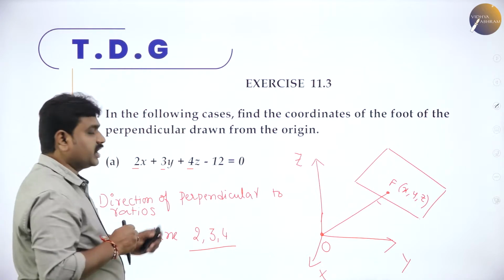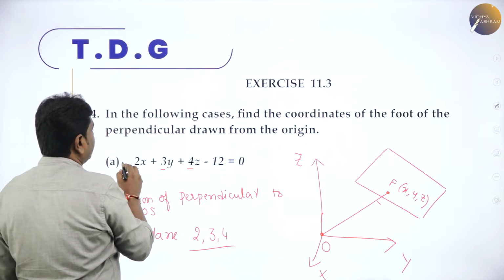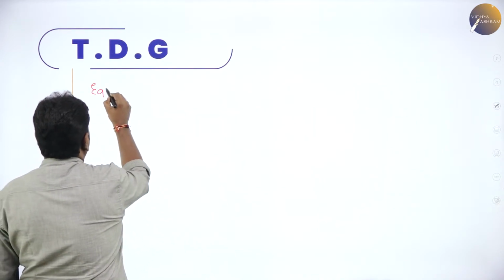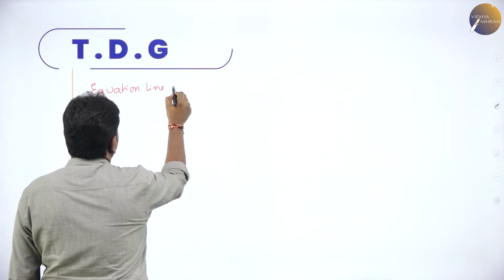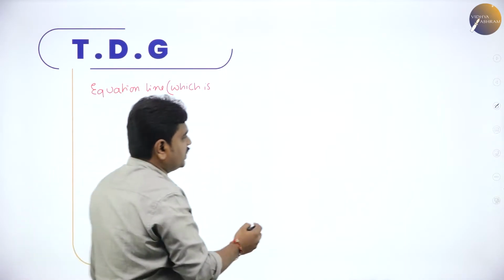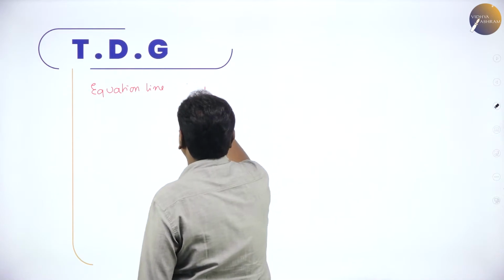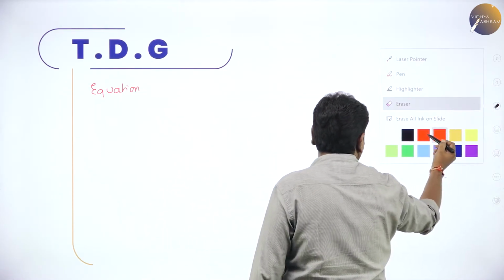So now we need to write the equation of the perpendicular from the origin. We need the foot of perpendicular, so first the equation of the perpendicular.